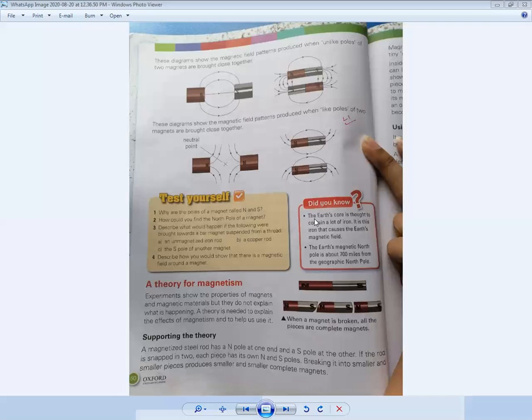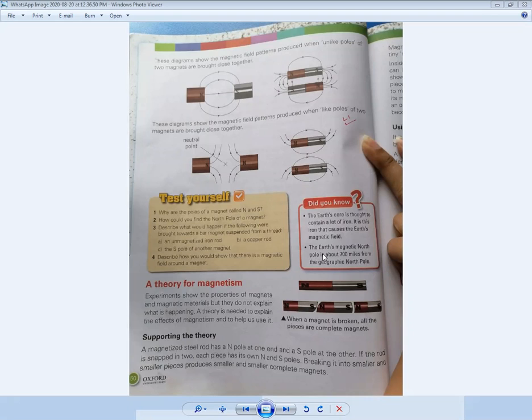After that there is the mantle, and the deepest layer of the Earth is called the core. So in this box, information is given that the Earth's core contains a lot of iron, and definitely magnets attract iron. Because of that they produce a magnetic field around the Earth.